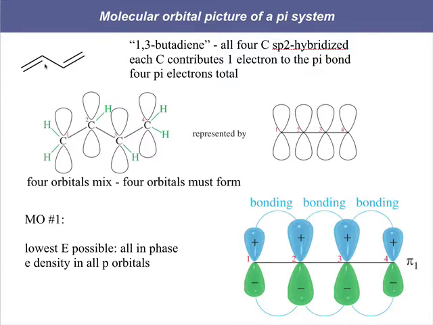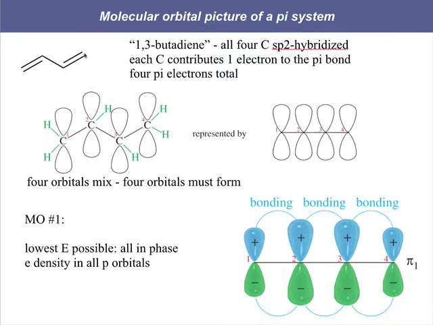So if we were to look at only the pi system, we could look at the molecule like this. Just look at the 4 carbons in a row and highlight their p orbitals. To simplify this even more, we represent it like this, where we have just a straight line to represent the chain of carbons, carbon 1, carbon 2, carbon 3, carbon 4, and each of those carbons has a p orbital. Since this is a planar molecule, every one of these carbons is sp2 hybridized, which means that they're planar.